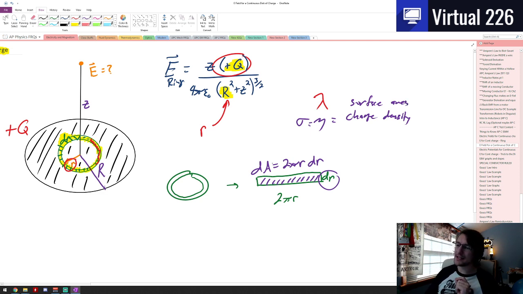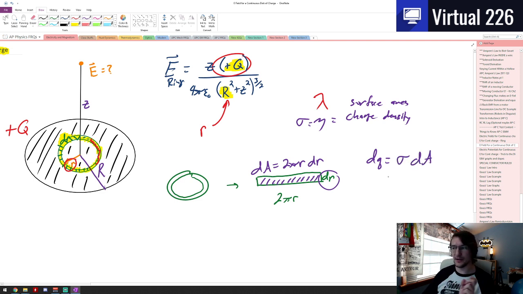So what we can say is that if I want to figure out what my charge is, what is my tiny bit of dq on this area, my dq here will simply be the surface charge density times dA.